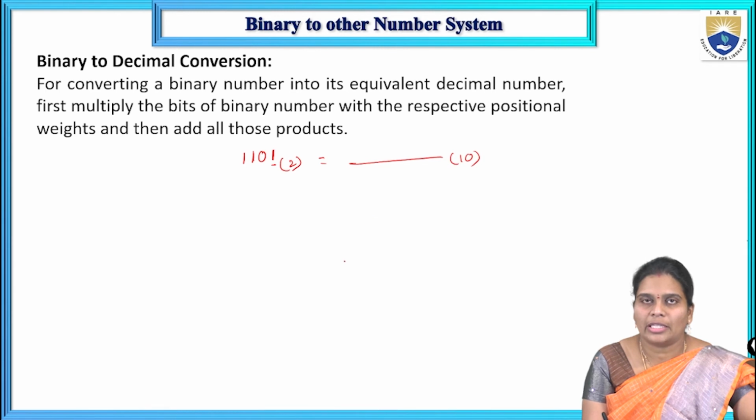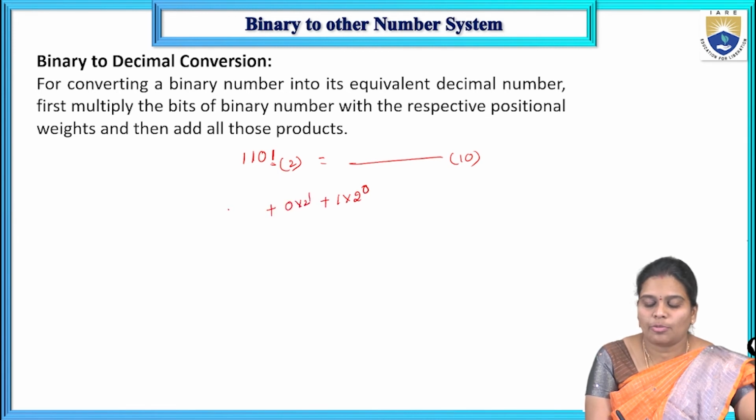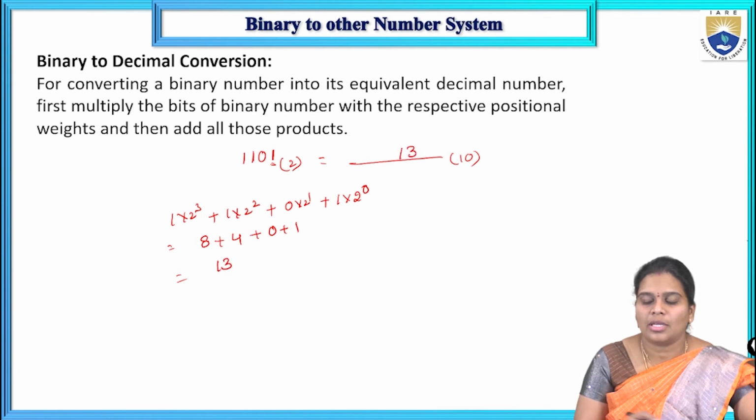The first position is 2 power 0, second position 2 power 1, third position 2 power 2, next position 2 power 3. So 8 plus 4 plus 0 plus 1. Adding all these values, we get 13. So this is the base value.